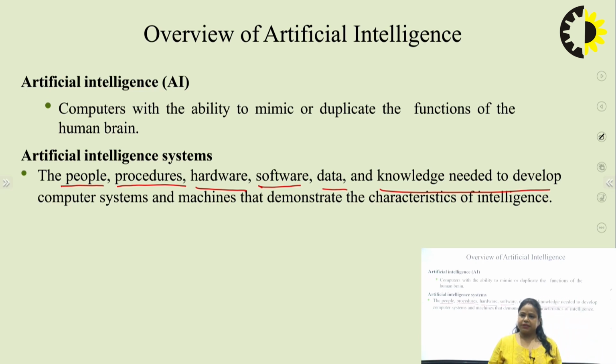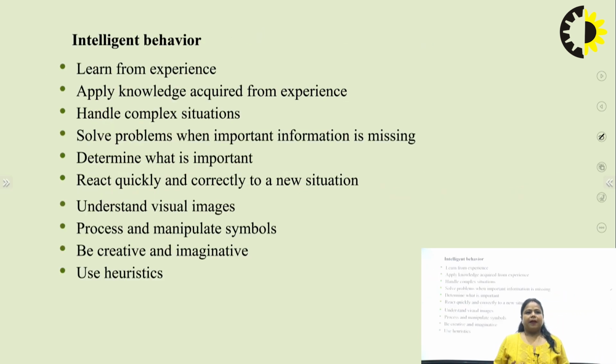Now, before that, when I'm talking about intelligent behavior, how can we say that this particular system intelligently handles things, how we are giving solutions to the given problems? In that case, we should know what intelligent behavior is, how it will act.